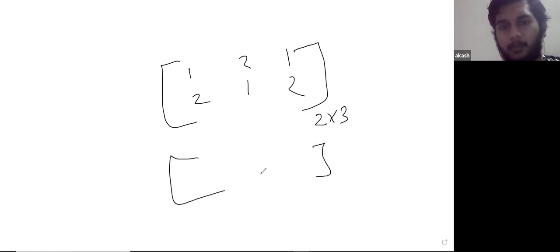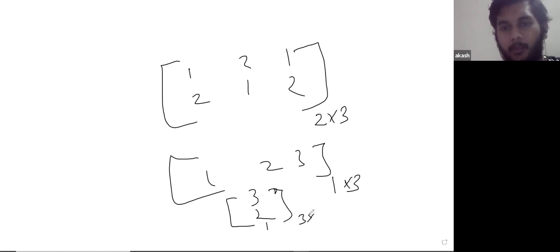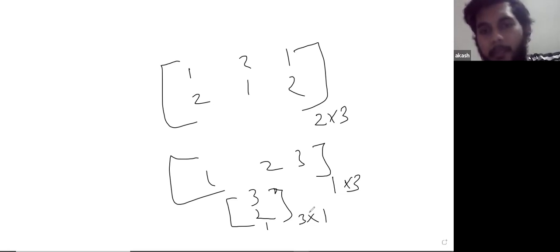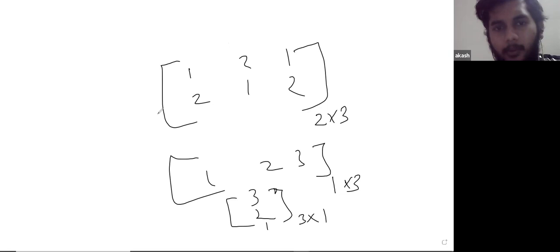It can be like this also: 1 row, 3 columns. It can be like this also: 3 rows, 1 column. Right? This is what a matrix is. I think you know all this, right?